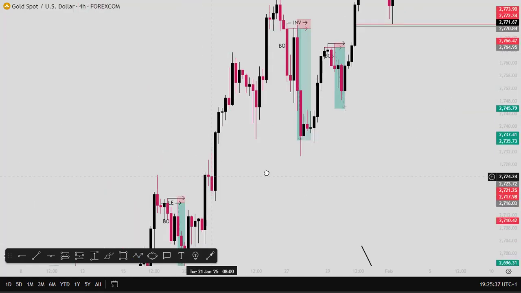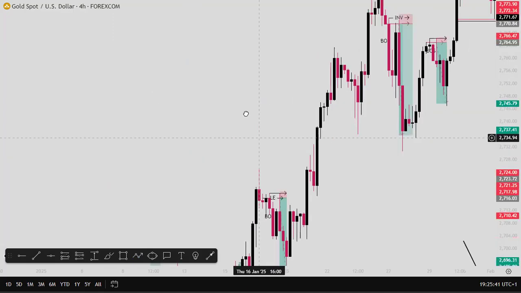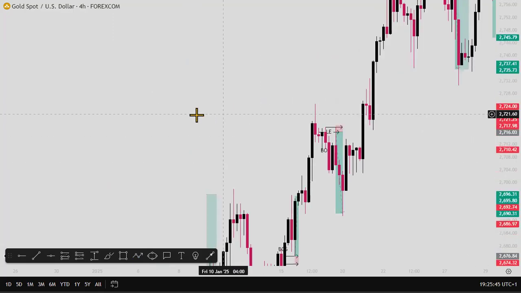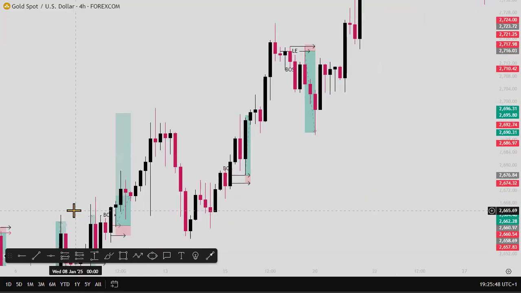So let me show you how an area of liquidity is identified on the visual chart. This is a typical example of how an area of liquidity was printed by the market.